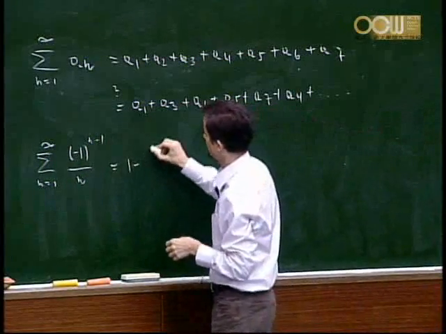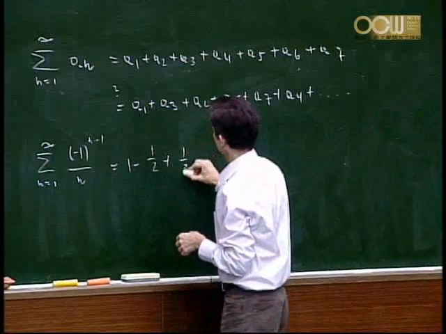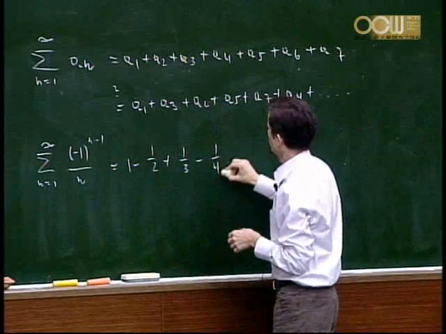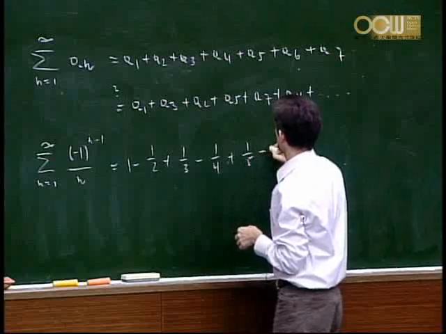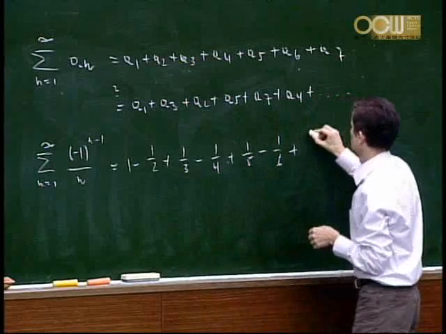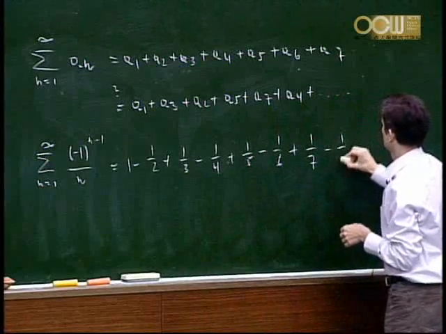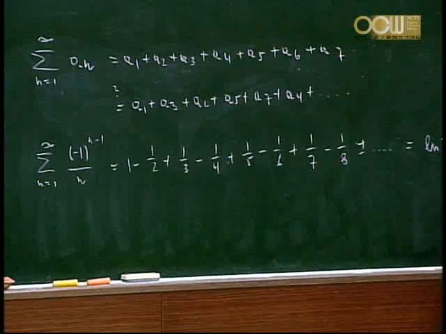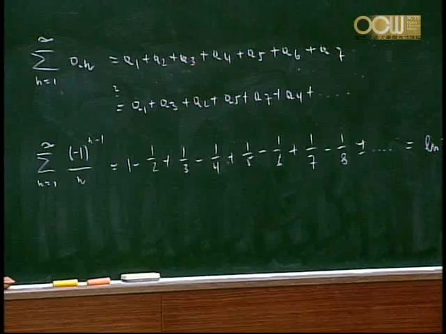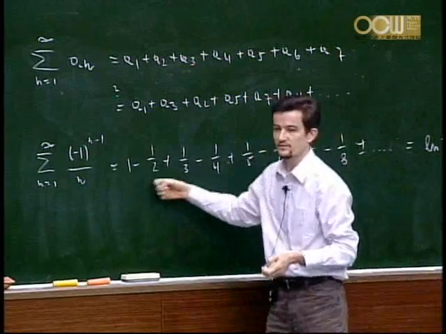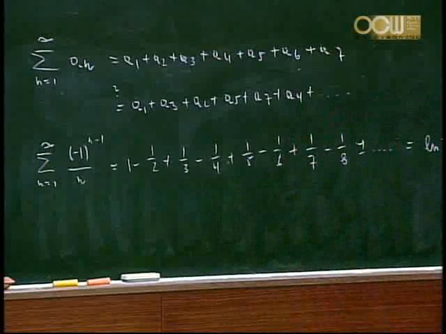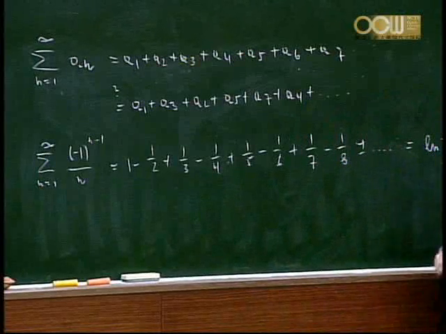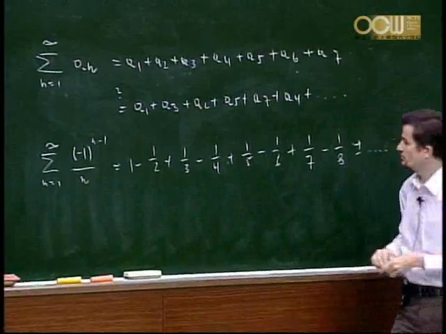So we have 1 minus 1/2 plus 1/3 minus 1/4 plus, and I just write some more terms. This we showed last time. This is equal to ln of 2. Now let's multiply everything by 1/2.